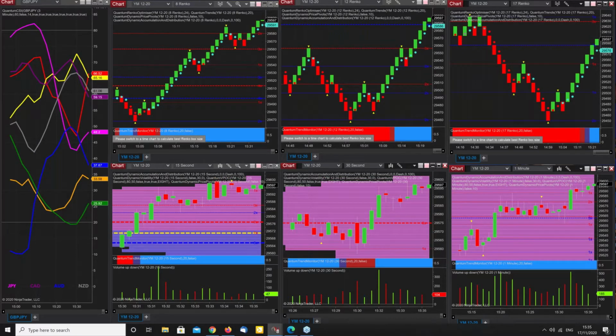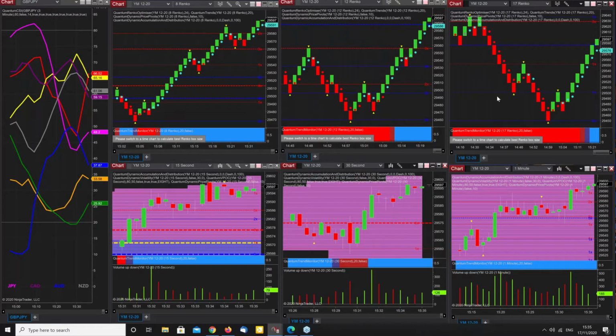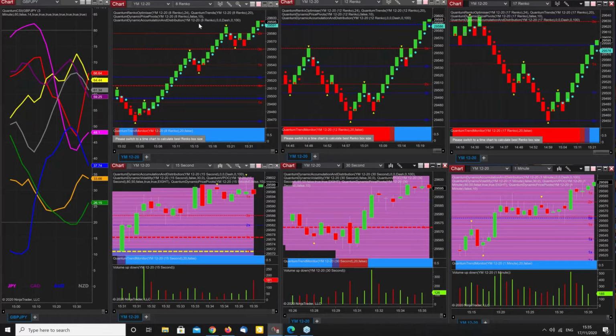The other facet of using multiple timeframes is you then get all the advantages of using the indicators in the same way. What you'll see here is this trend monitor will transition first on the fastest chart you've got, which is our 8 Renko here, our 15-second equivalent.